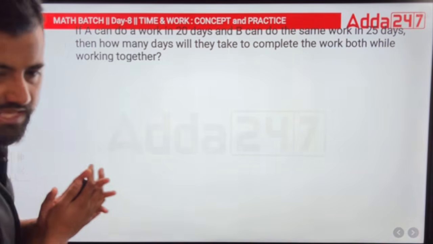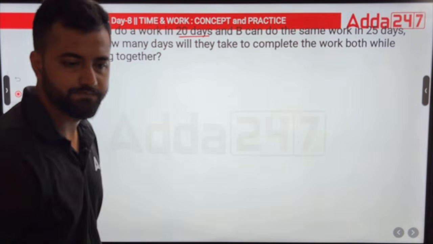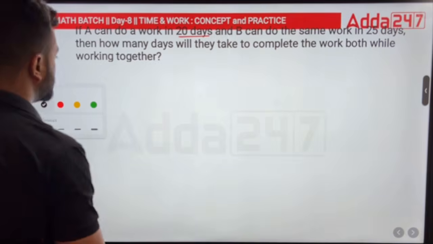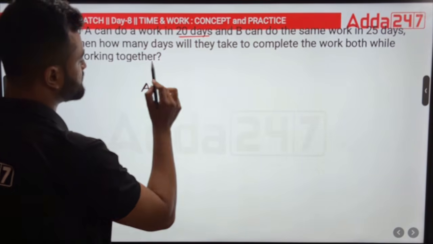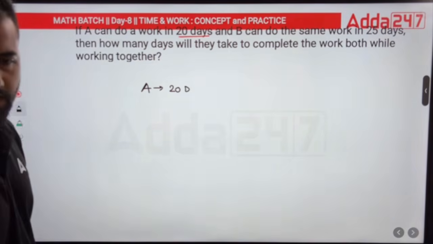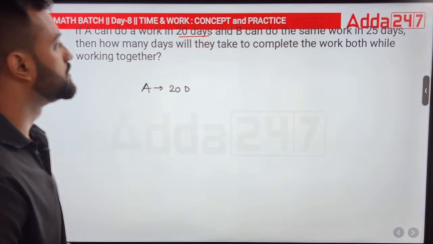It is given that A can do a work in 20 days. I'm writing all the conditions first, whatever is given. There is a person whose name is A, and he can do a piece of work in 20 days. Along with that we have B who can do the same work.